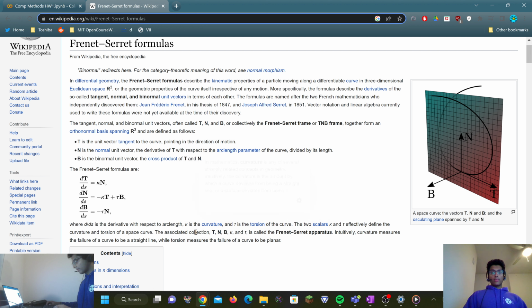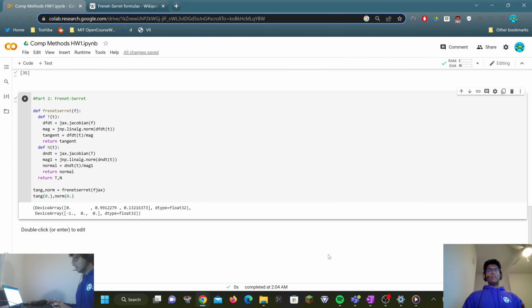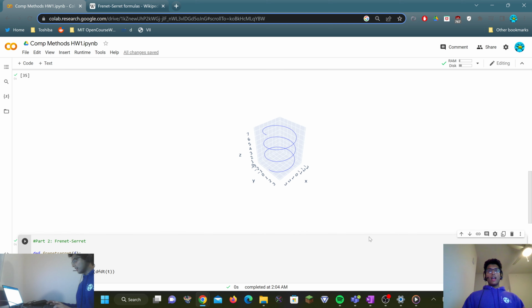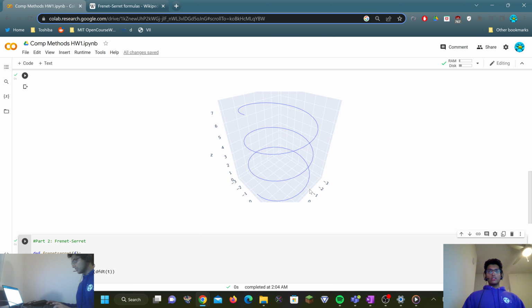So basically, our normal vector and our curvature have an inverse relationship. If we wanted to find the curvature at any point along this curve, we find the normal vector, find its magnitude, and then take 1 over that to find the curvature.